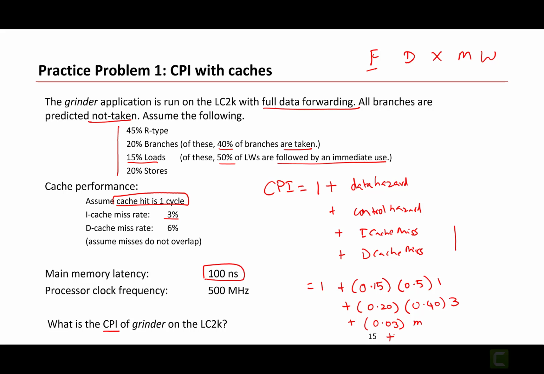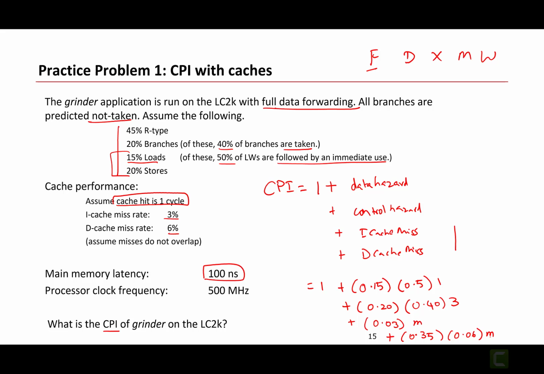For that, I need to consider only the loads and stores, which is 15% loads and 20% stores, and together it's 0.35. So for 35% of instructions, I may miss the data cache 6% of the time. And when that happens, I have to go to the main memory and incur a latency of m, which I have not computed yet.